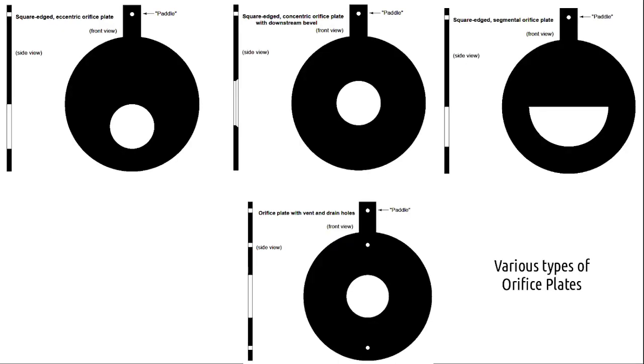Even though the sections appear similar, this is a square edge eccentric plate, so it's off center, and the hole is towards the bottom. This is a paddle which is used. You'll have all those markings, and you really have to note the direction in which it is to be oriented.